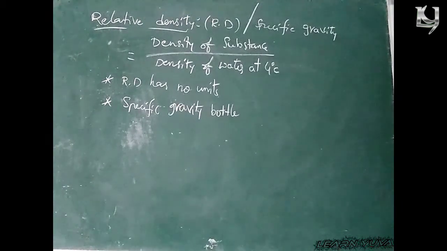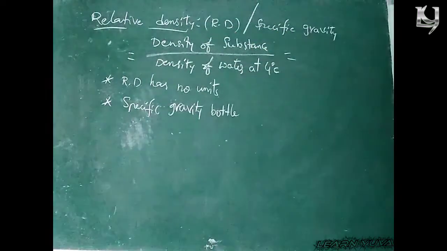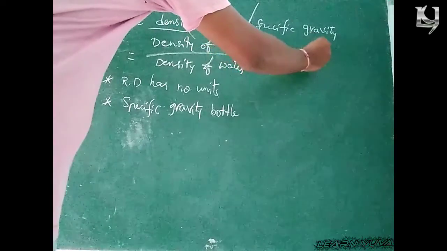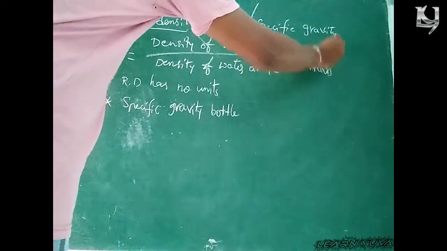Okay, so this relative density is nothing but density of substance by density of water, and also mass of substance by mass of water. So mass and mass get cancelled.